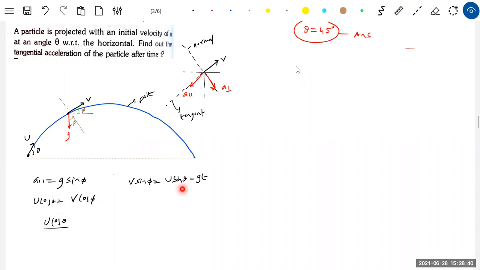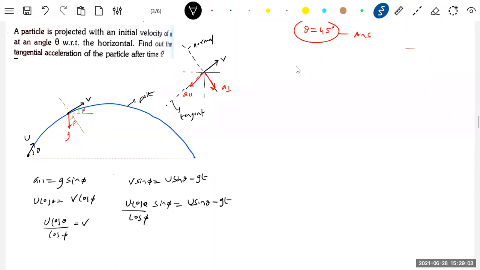Okay, after some time t, this will be the velocity vector. Now if I substitute this value of v here, this will become u cos theta by cos phi. Substituting that here, u cos theta over cos phi times sin phi equals u sin theta minus gt.